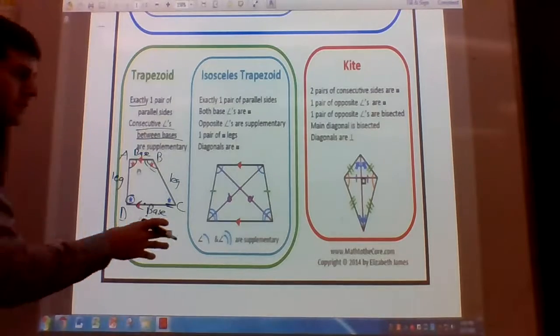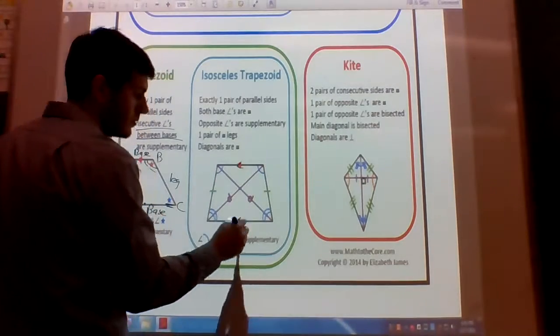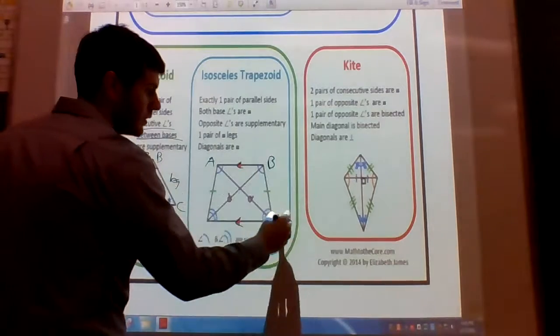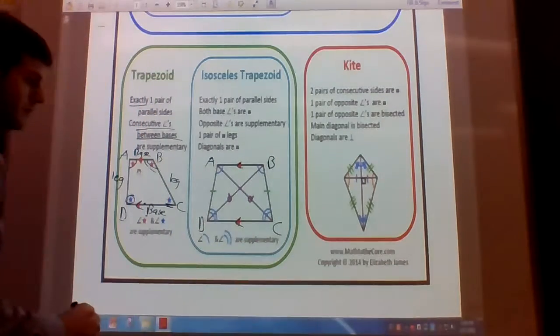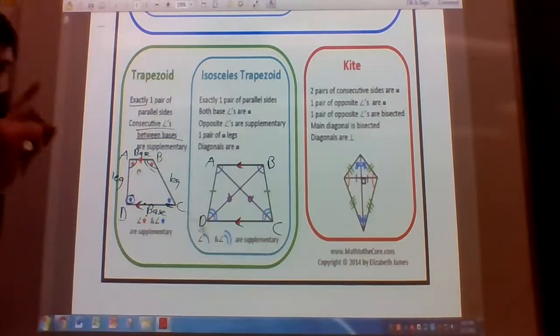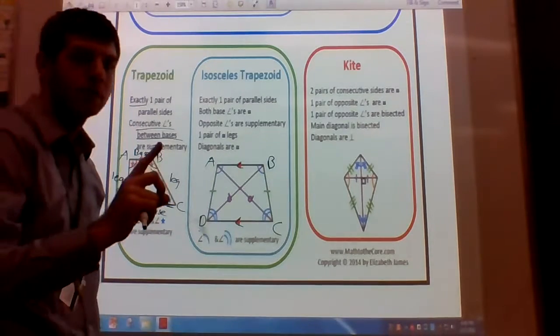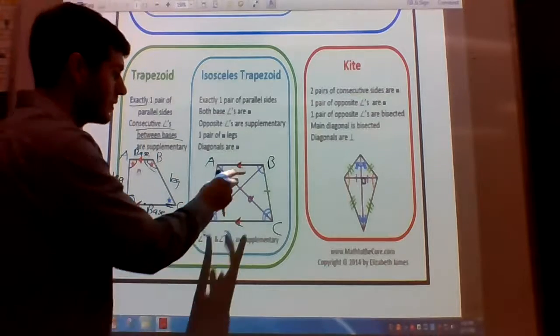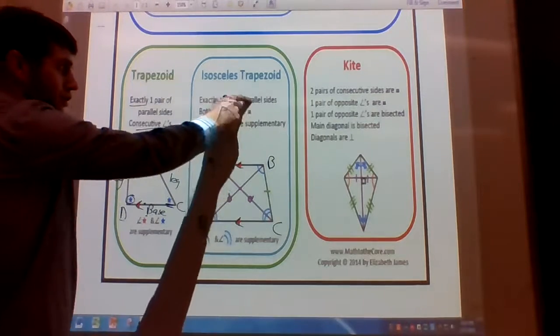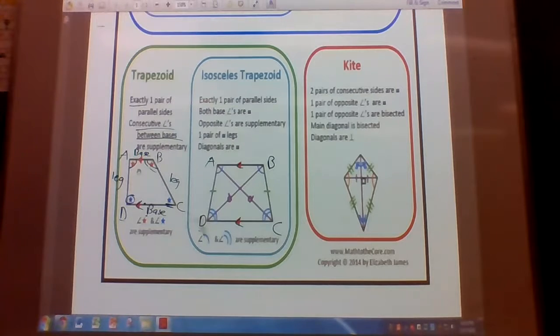Again, we have the basics: the parallel sides. I'm going to label this A, B, C, and D. Exactly one pair of parallel sides, AB and CD, which they wrote again for us, just so we're blatantly clear.